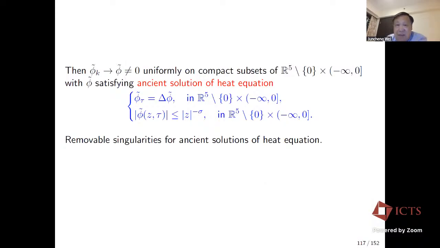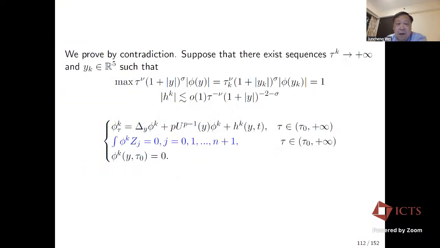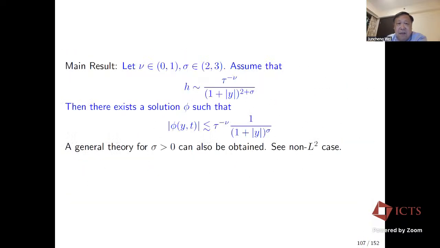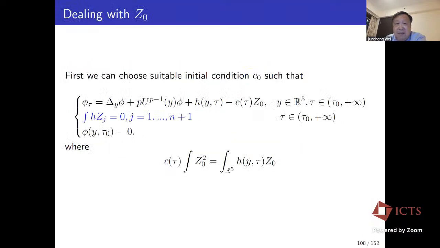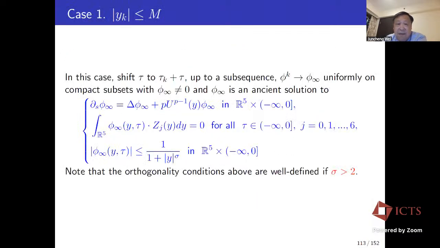So let me summarize. We have now the proof of the RPL estimate for this linearized problem. And we prove this RPL estimate by a blow-up argument, and we have two limits.